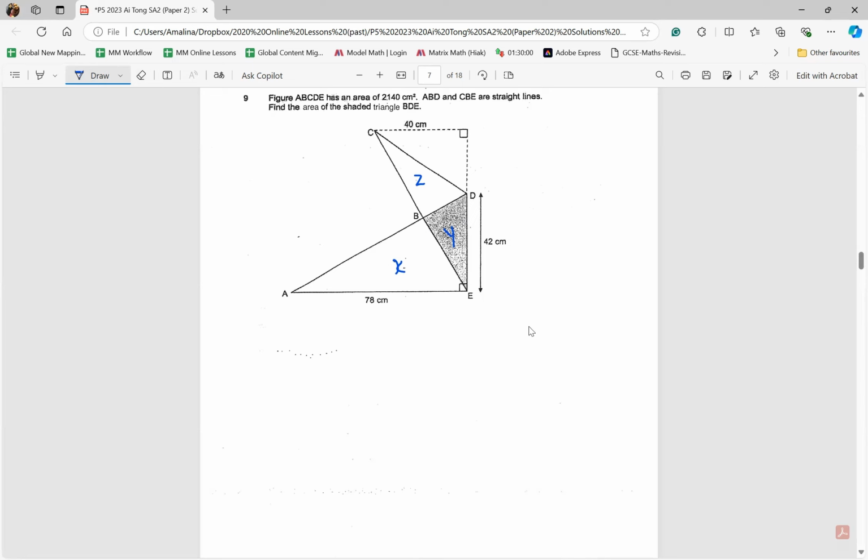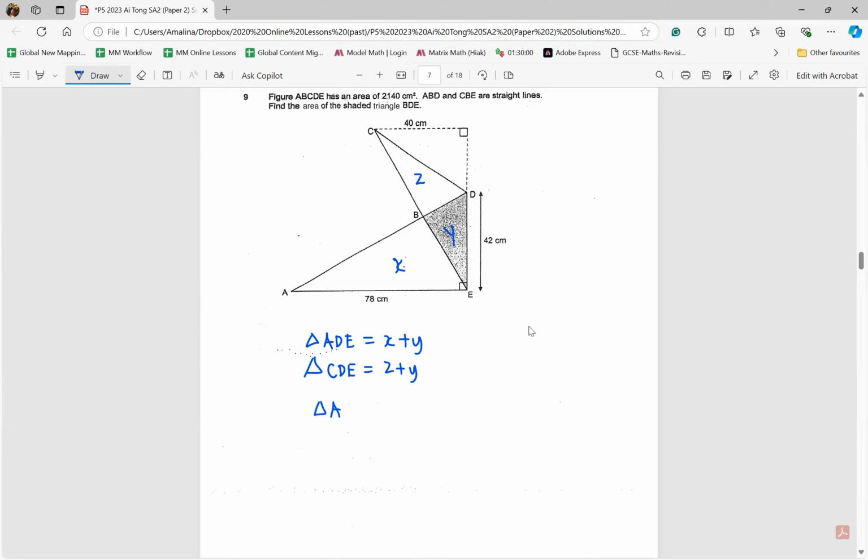So triangle ADE is equal to your area of X plus Y. Area of triangle CDE is your area of Z plus Y. So if I want to find the area of ADE, I will use my formula half times base times height.